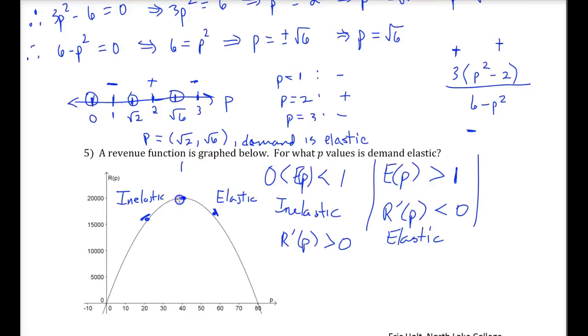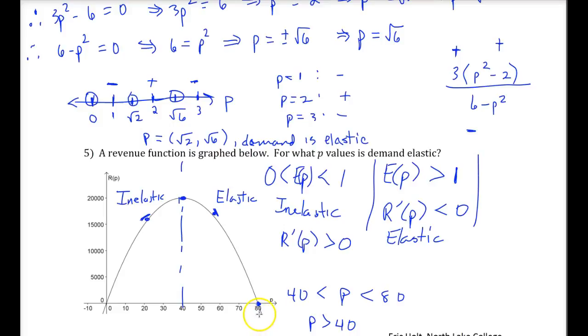So we could look at this way and basically say when prices are in between 40 and 80, we know that the demand is going to be elastic. Now, some of you may want to say when the prices are greater than 40, that is fine, but know that realistically here past 80, we get into negative revenue.